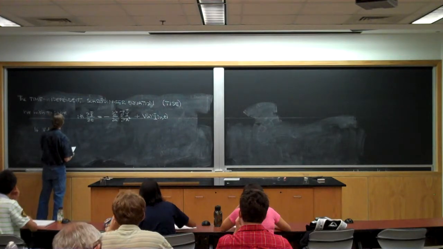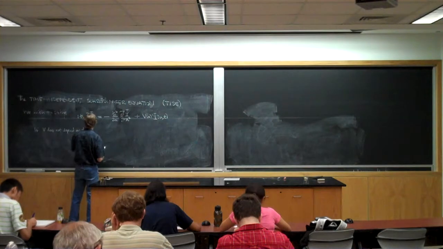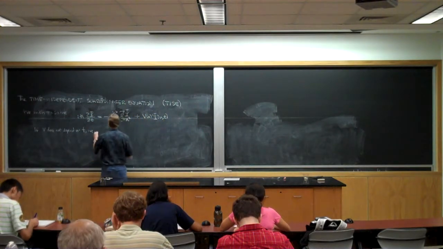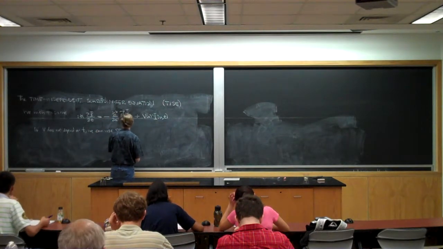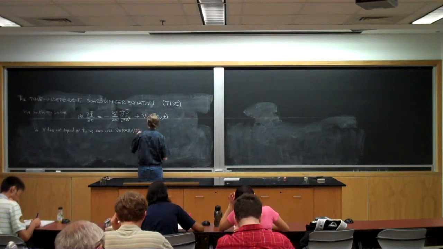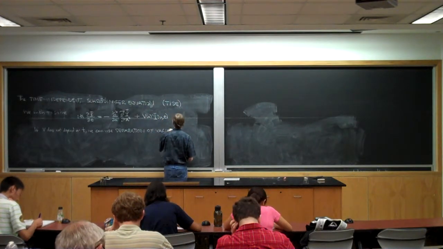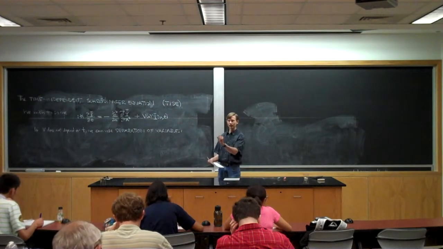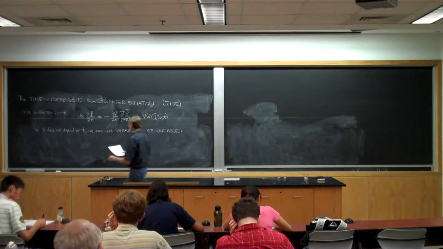If V does not depend on t, we can use good old separation of variables. In other words, we look for solutions that have the following form. They factor into a time-dependent piece times a space-dependent piece.